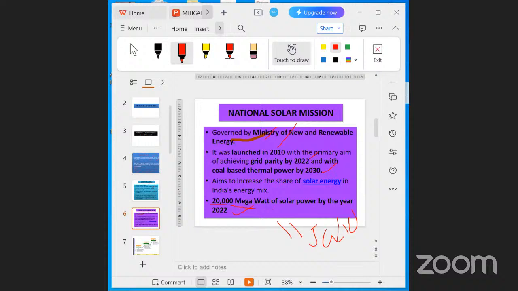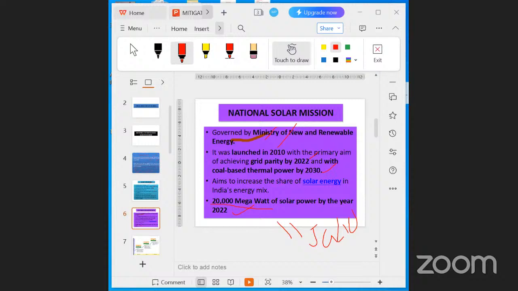Okay. Along with that, we have some specific goals for increasing use of solar thermal technologies, as well as in urban areas, industries, and other commercial establishments. So all together, the National Solar Mission talks about promoting better utilization of solar energy, right?